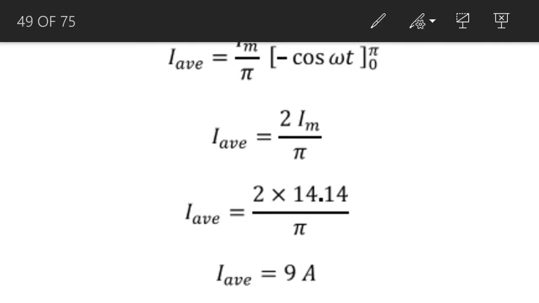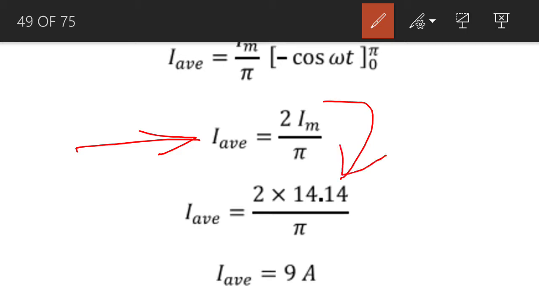If we simplify this equation, we get the average value of the AC current, which is equal to 2 Im by pi. And if we put the maximum value of the current in this equation, we get the average value of the AC current, which is 9 ampere.